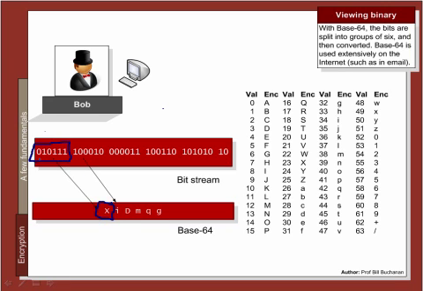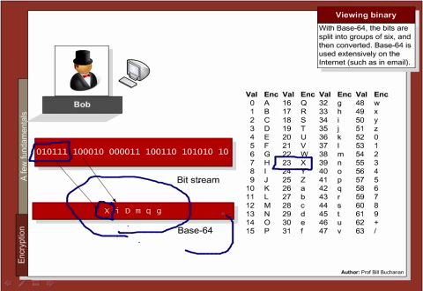So we can see here the first 6-bit stream is 010111, and that is equivalent to a 1, 2, 4, 7 and a 16, which is 23. So 23 represents an X. So this is defined as base 64 format and is a useful way for actually sending binary information over standard text-based protocols.